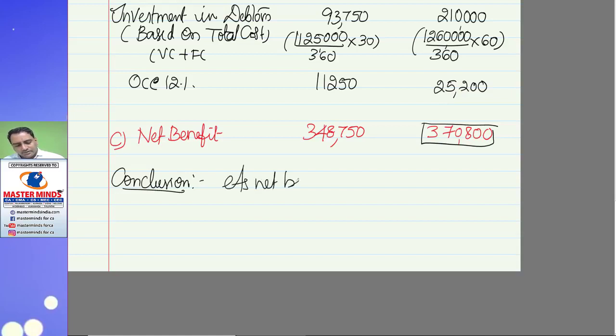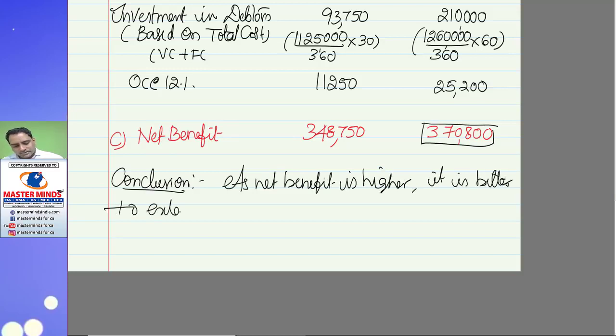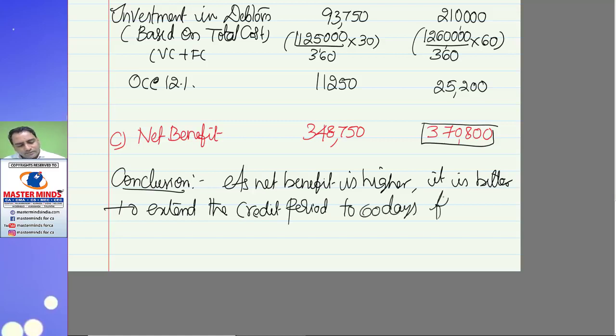As net benefit is higher, it is better to extend the credit period to 60 days from 30 days.